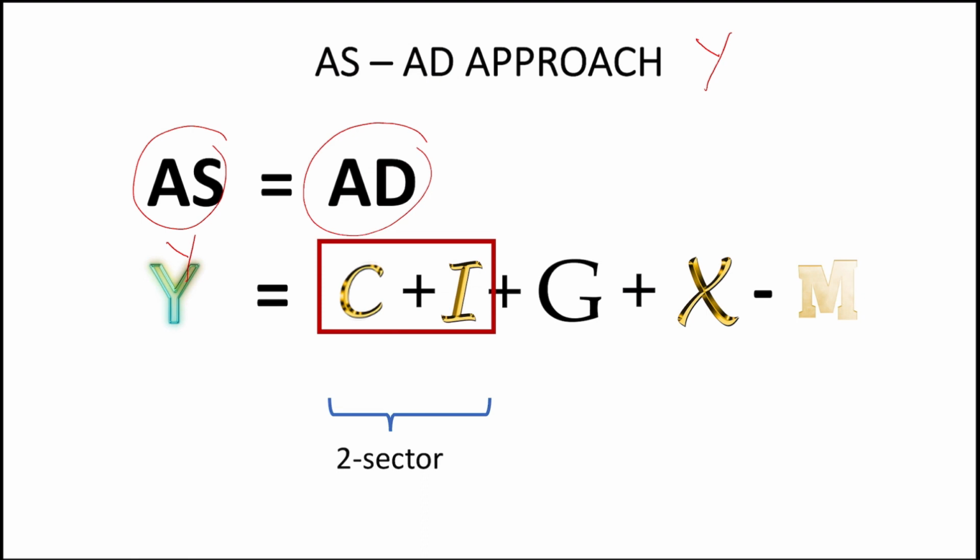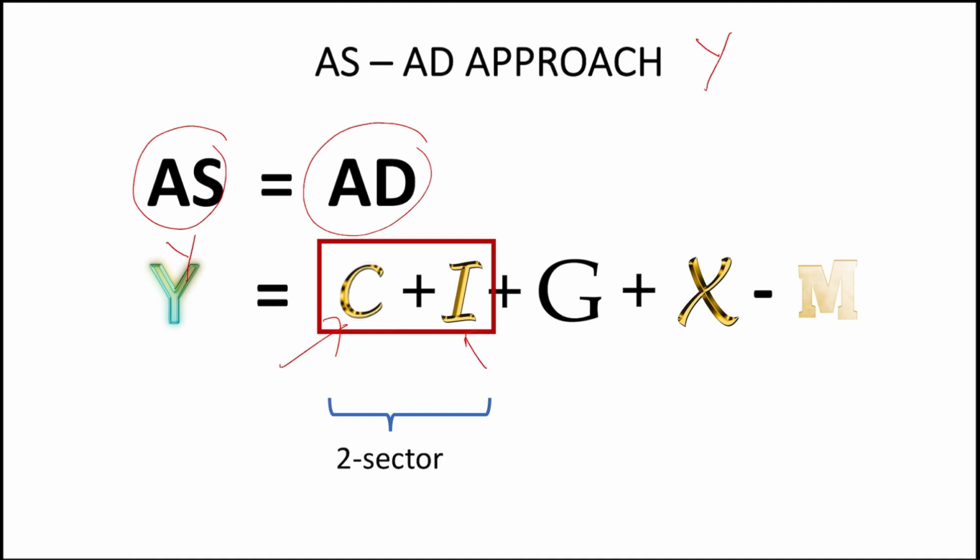Household spending we call capital C, consumption expenditure, and for the firm spending we call investment. Capital I is the symbol for investment in economics. Okay, that is for 2 sector economy.